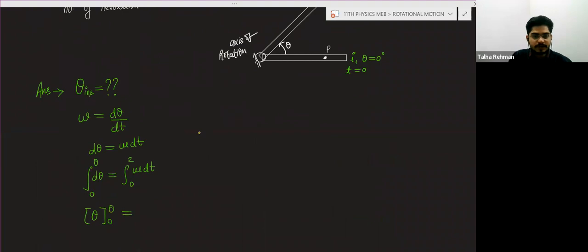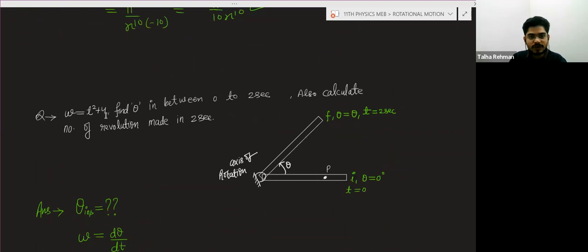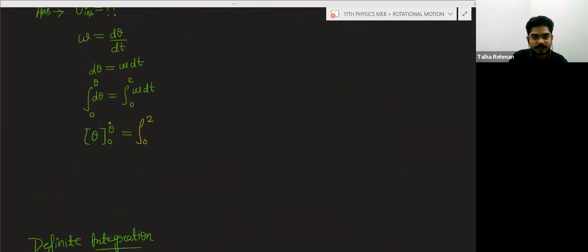So here we can write, this is from 0 to 2, and what is the value of omega? Omega is t square plus 4, and this is dt. Now we have to do the integration of this.